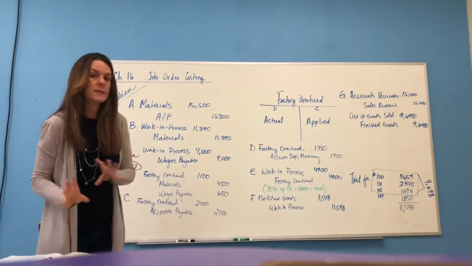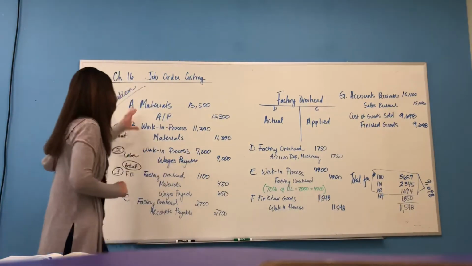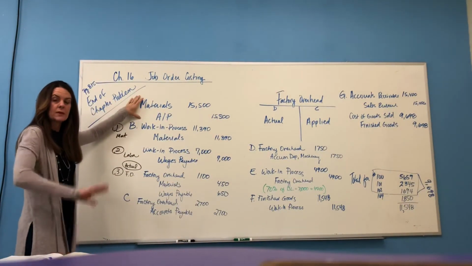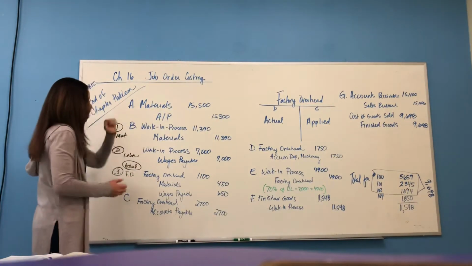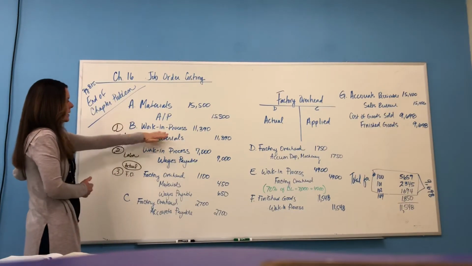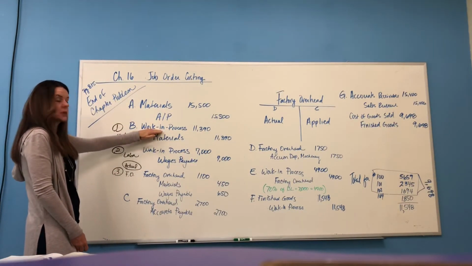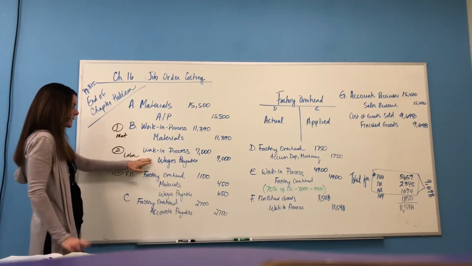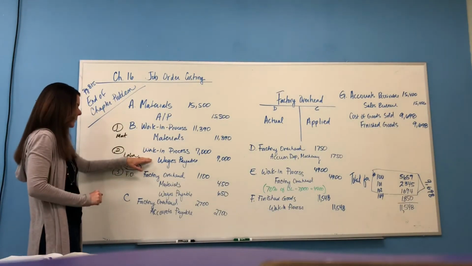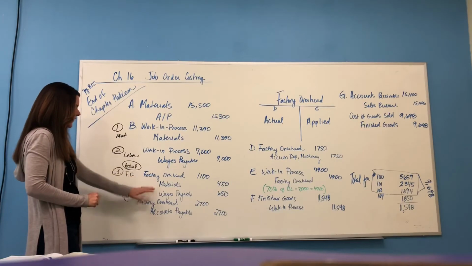We've gone through the whole entire process. We started with materials that we purchased. This is a new company. It said just starting out. They started with 15,000 of materials. They then had their materials put into the process. They had direct labor put into the process to whatever it is they're making. And then they had a series of factory overhead.